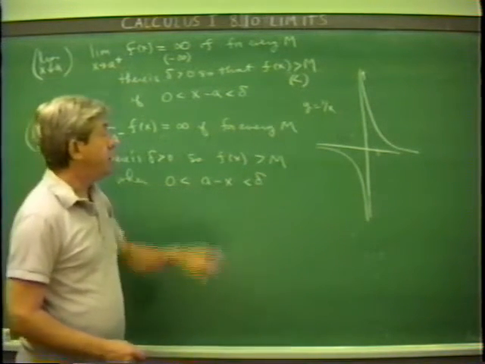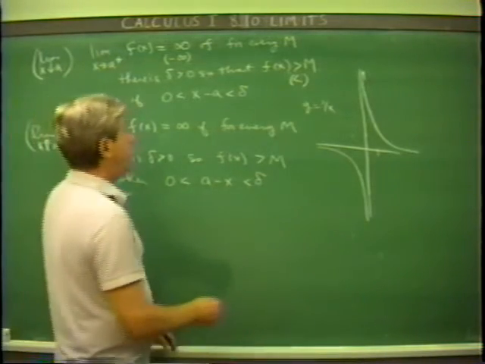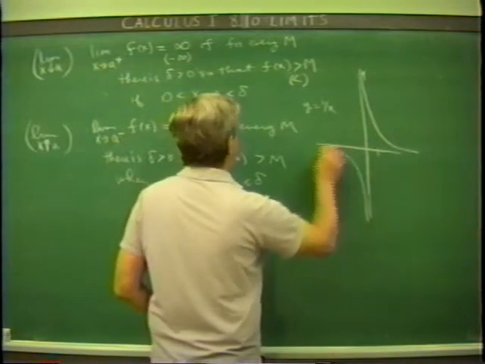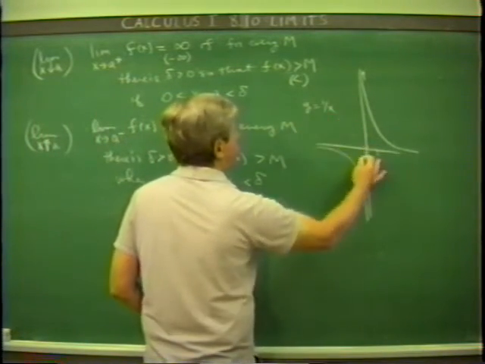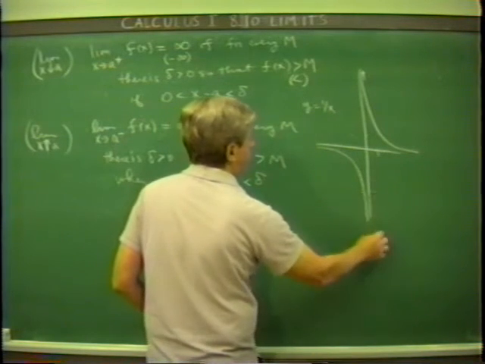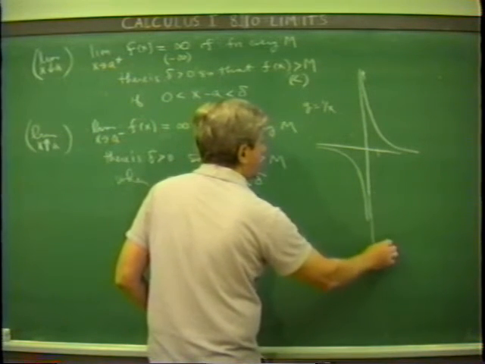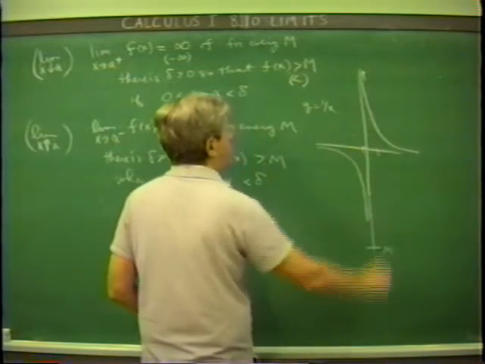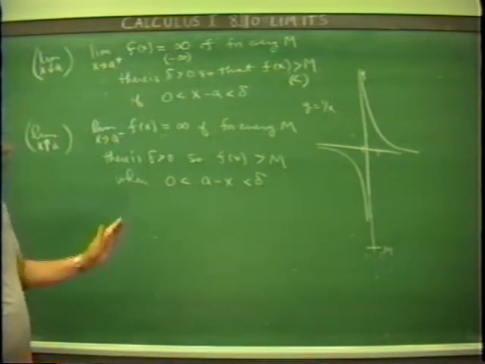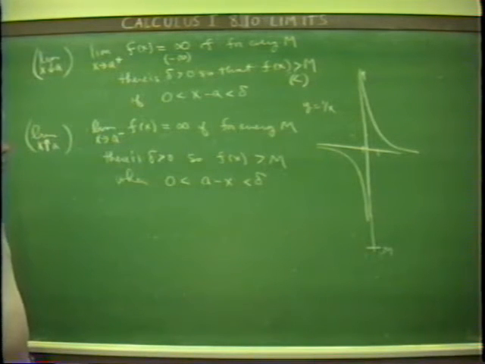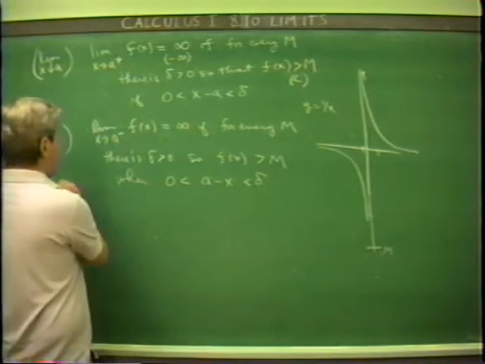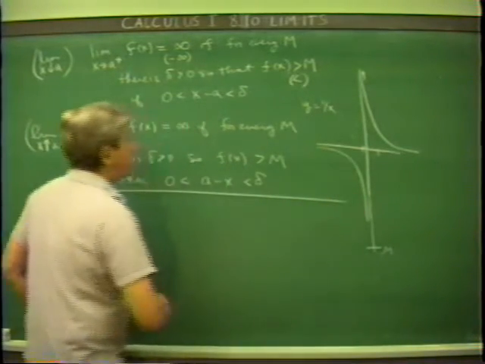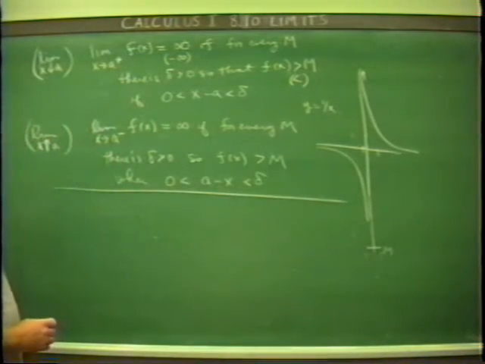Here x is to the left of a, x is less than a, and this difference between a and x is less than delta. So that, for example, here at 0, 1 over x approaches minus infinity. If you want the function to be less than some number m, you simply need to choose delta small enough and stay to the left of 0 by something less than delta.